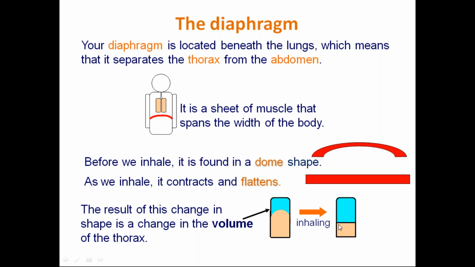The diaphragm goes back to its original dome shape, because your lungs are now getting rid of that air, so their size is decreasing. So the diaphragm is now relaxing and getting back to its original shape.